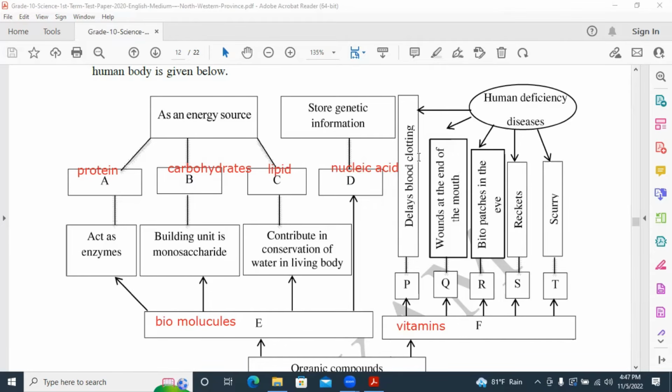Delay blood clotting, the vitamin is vitamin K. And wounds at the ends of the mouth, vitamin Q should be vitamin B. Patches in the eyes, it should be vitamin A. Rickets, it should be vitamin D. Scurvy, it should be vitamin C.